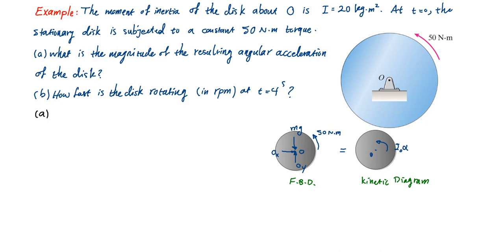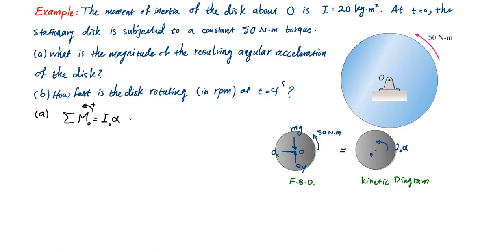Okay, so the equation, Newton's second law in its rotational version, will tell us the sum of all the moments around point O is equal to I-O alpha. I'm going to take the direction of the motion as positive. So counterclockwise, positive.